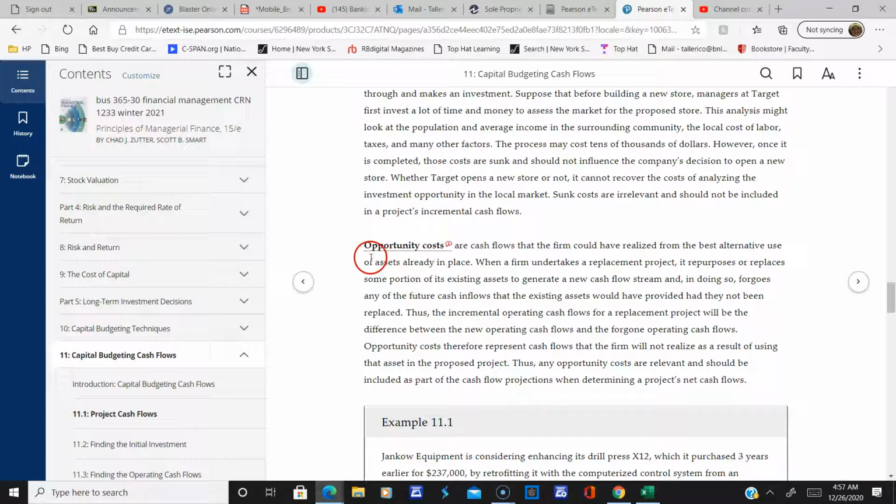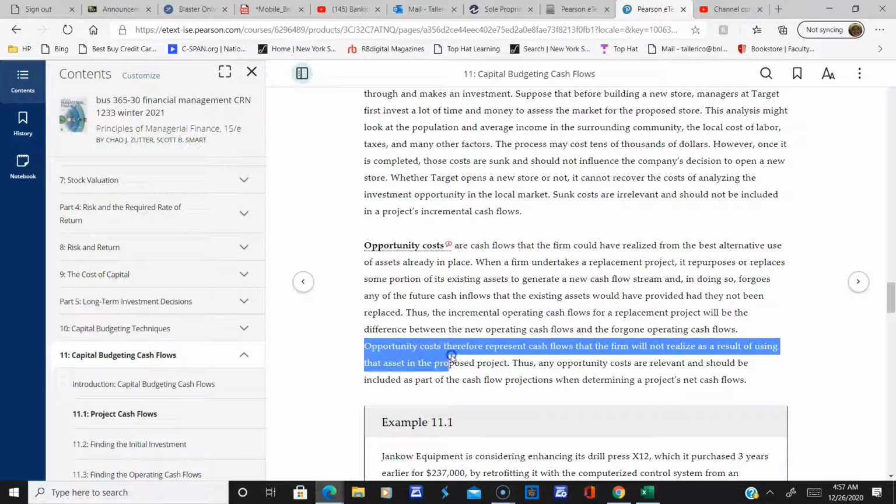So let's say I kept my old car, right, and hopefully it would still drive. I had an opportunity cost there, which was cheaper insurance because it was real old. But now if I replace it, I'm going to have to pay higher insurance, right? So opportunity costs represent cash flows that the firm will not realize as a result of using that asset in the proposed project.